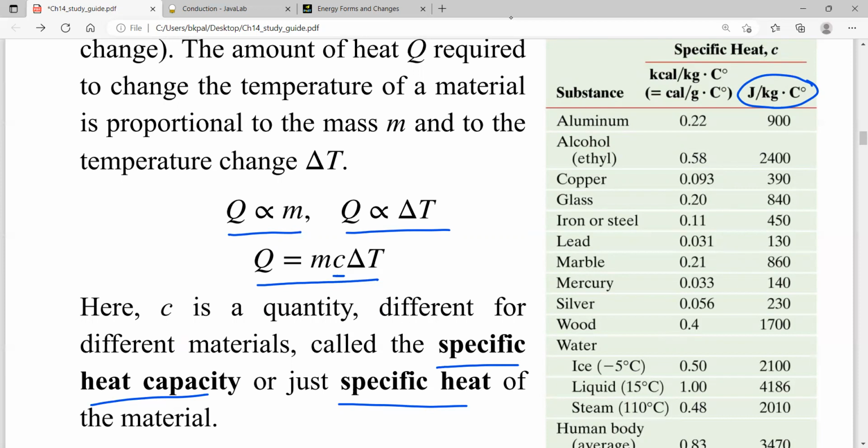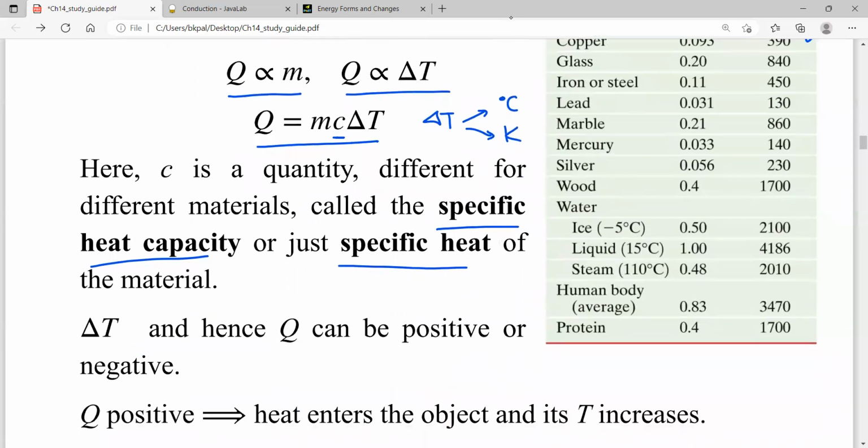We can use degree Celsius because the equation contains delta T, the change in temperature. When there is a change in temperature in an equation, no matter whether you use degree Celsius or Kelvin, it should be fine. In some textbooks, it uses joule per kilogram per Kelvin, but here we use joule per kilogram per degree Celsius, and we can do that because we have delta T in our equation.